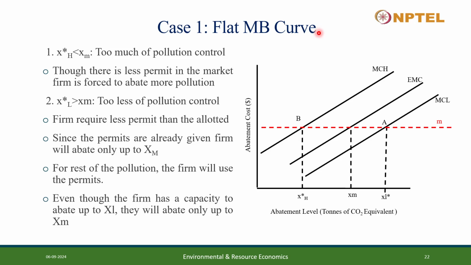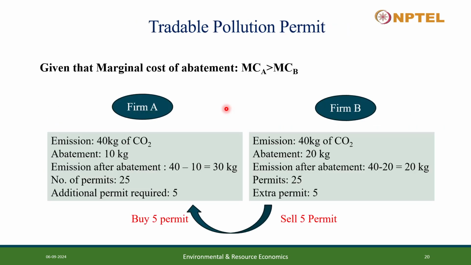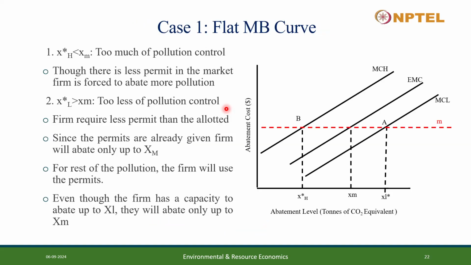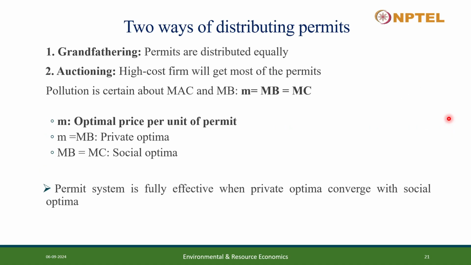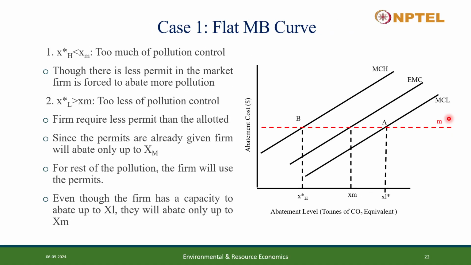Now we will see whether the tradable pollution permit is effective when the MB curve is flat. We have drawn the marginal cost and marginal benefit, out of which we get the level M. That will be our optimum price per unit of permit.